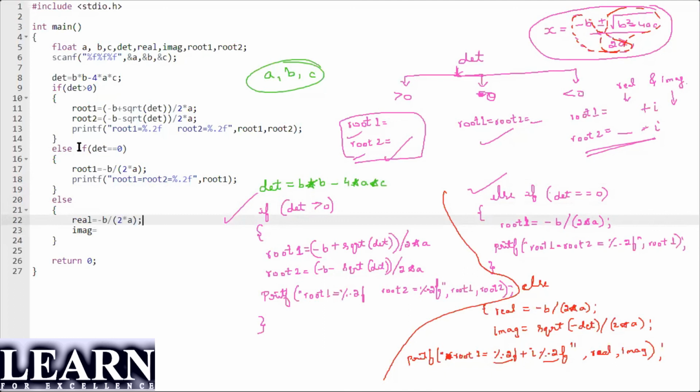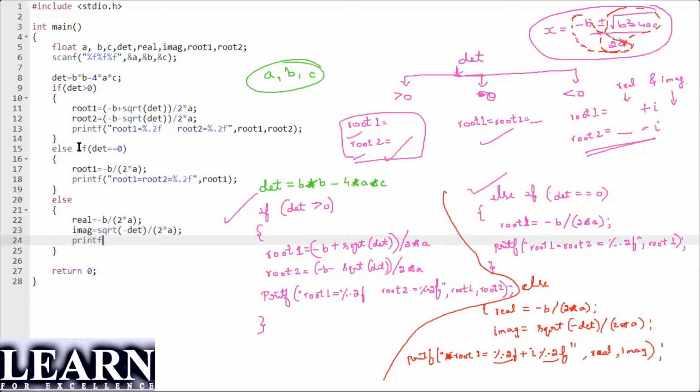The imaginary part is the square root of negative determinant, because I cannot take the square root of the determinant itself, divided by 2 into a. Yes, we are done with this.